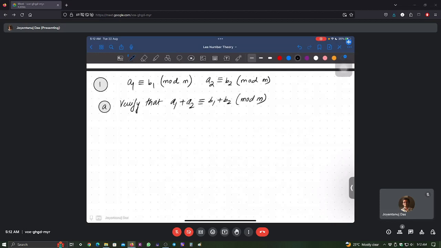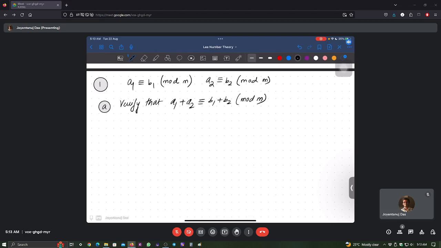Yes, tell me how to do this. It is not very difficult. So it's saying to verify that A1 plus A2 is congruent to B1 plus B2 modulo M. There was a property, I remember. Not exactly a property, we can just do it from the definition.